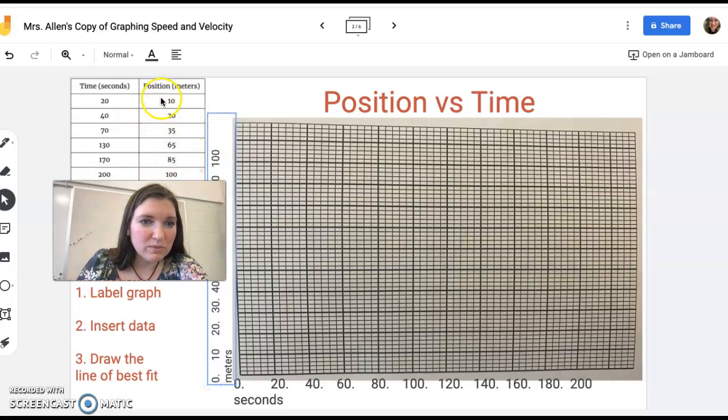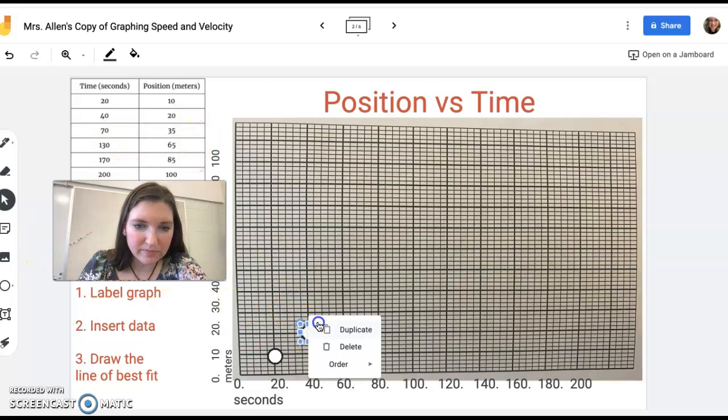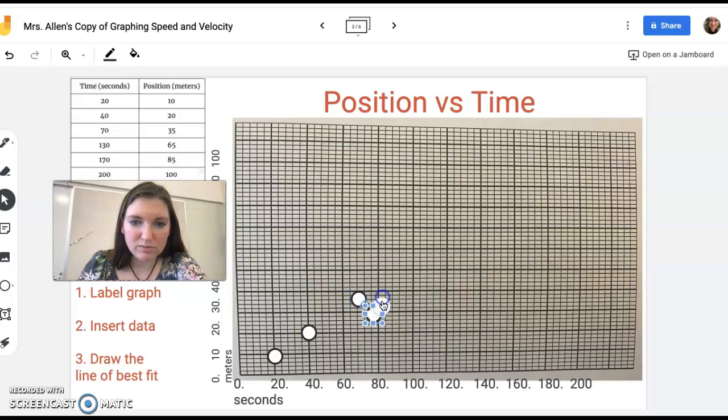Okay, so when we're looking at this data, let me just show you what it looks like here. So we've got 20 seconds, 10 meters. We got 40 seconds, 20 meters. We got 70 seconds, 35 meters. Let me fix this a little bit. I could say duplicate, 70, 35, duplicate.